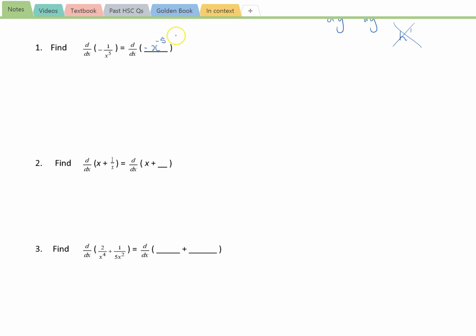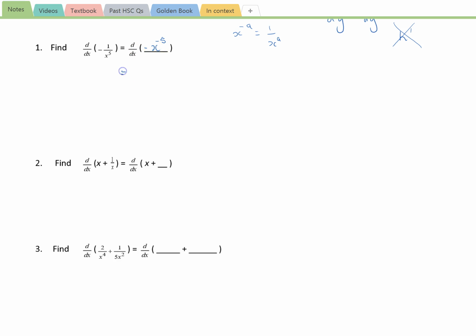Our definition of a negative index is x to the minus a is equal to 1 over x to the plus a. So we had plus 5, bringing it to the numerator, it becomes a minus. Now, this is in the format such that I can differentiate it.